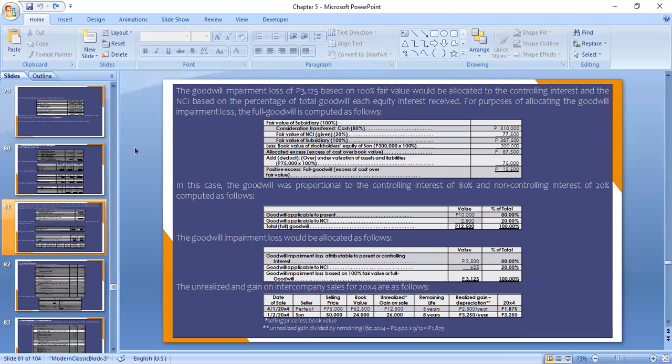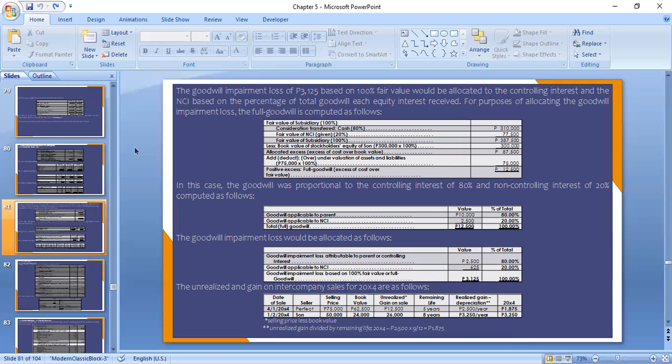The fair value of subsidiary, no? So we have the NCI 77,500. Fair value of subsidiary is 387,500. Then we deduct the book value of stockholders' equity. This is the allocated excess of cost over book value.